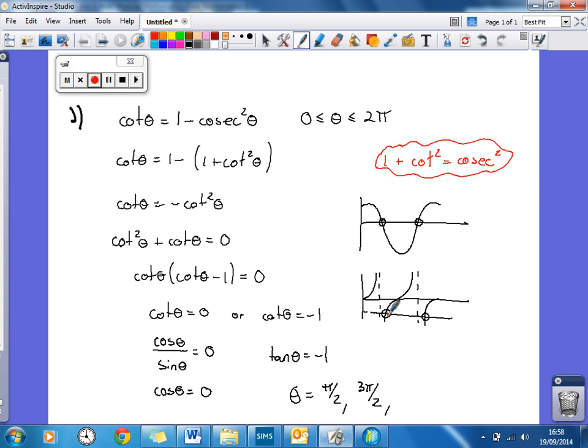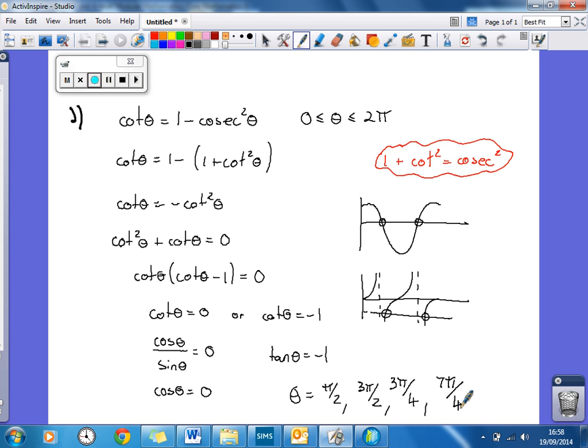Type tan to the minus 1 of minus 1, and it'll give you minus pi over 4. So just keep on adding pi. So your calculator will be finding that one there, add pi, so you get 3 pi over 4, and another pi, and you get 7 pi over 4.